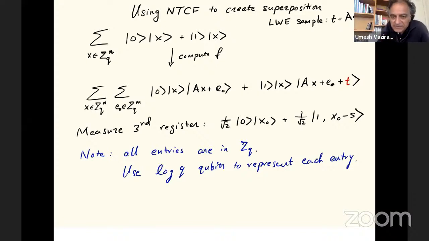And now, as you can see, these first two registers would now be in the superposition 0, x naught, 1, x naught minus s. This s is coming exactly from the fact that we had A times s over here. And of course, the fact that we were off by e doesn't really change things very much, because e is small.